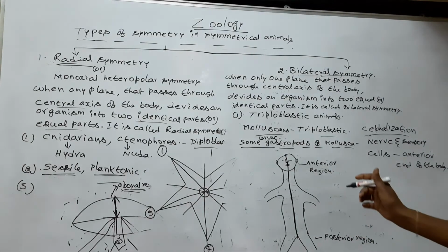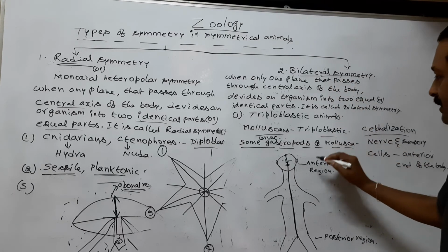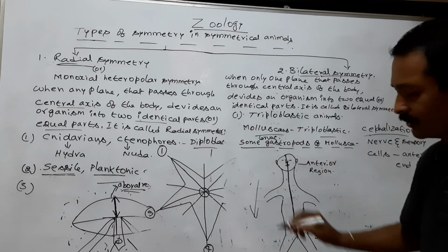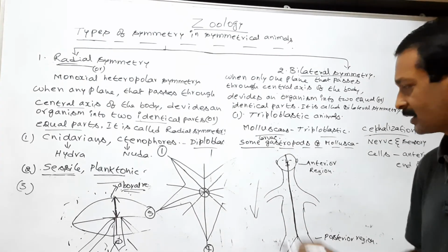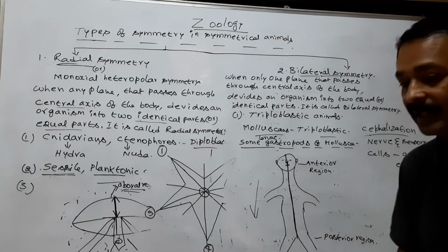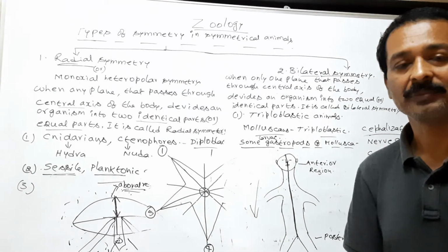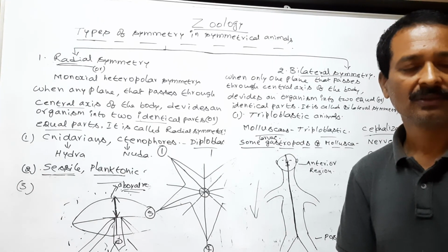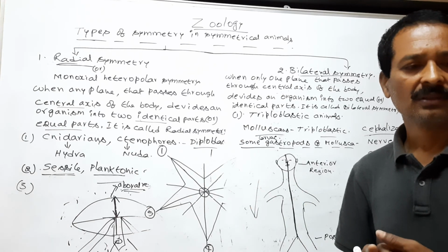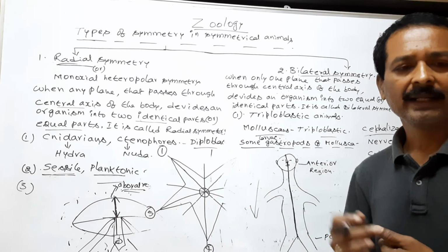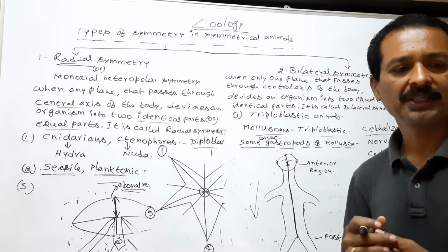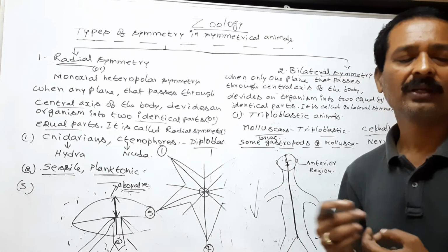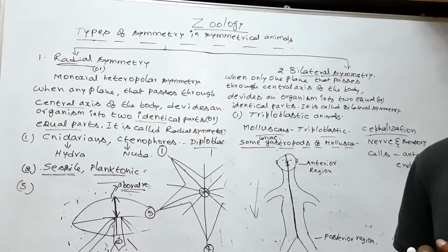So bilaterally symmetrical animals can sense the new environment into which they enter and respond more efficiently and quickly.